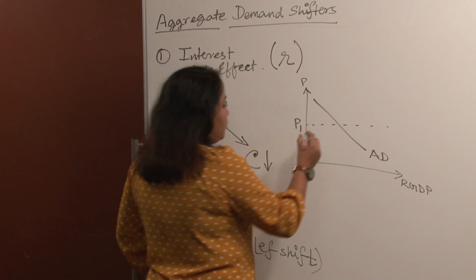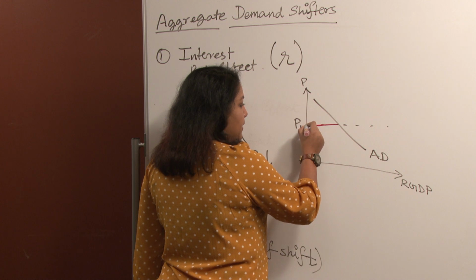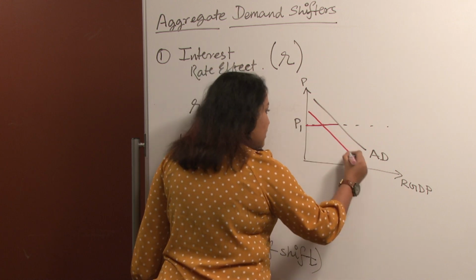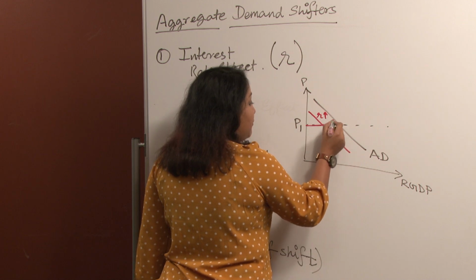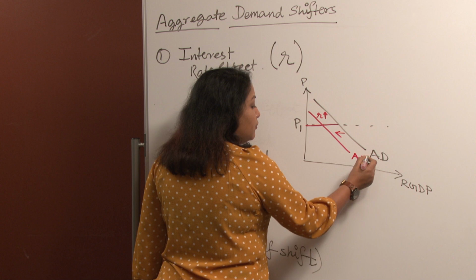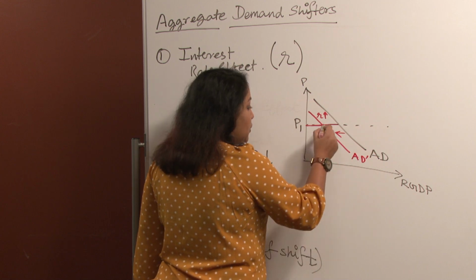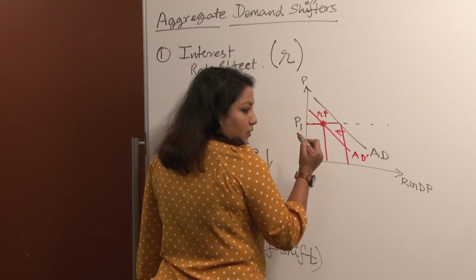So no change in the price index. At the same price index, just because the rate of interest went up, you have the interest rate effect, so that the aggregate demand curve shifts to the left to AD dash, and you have a new total expenditure, right?